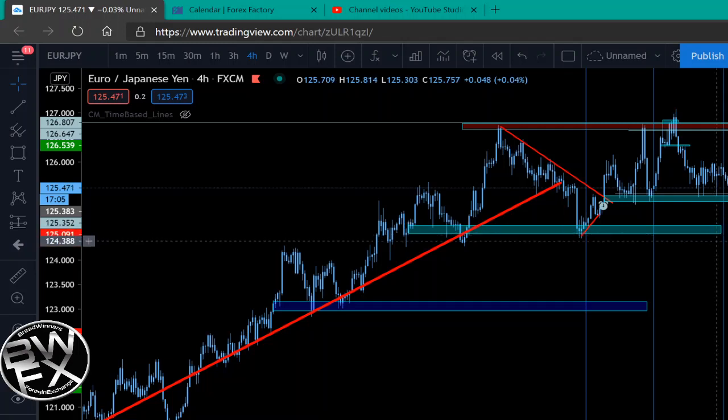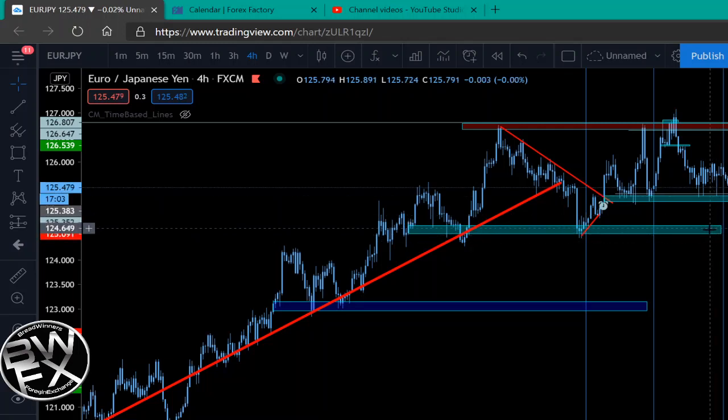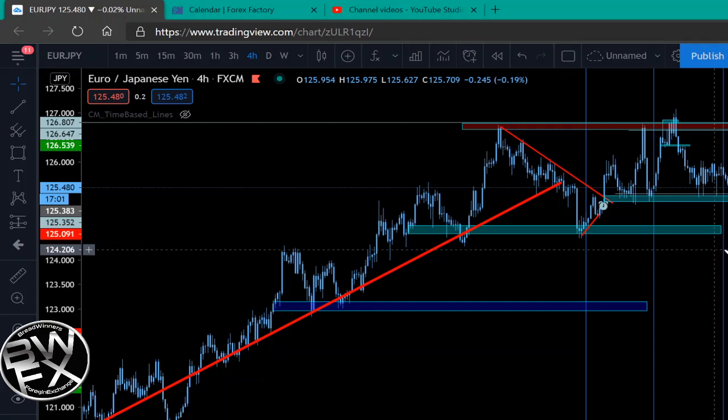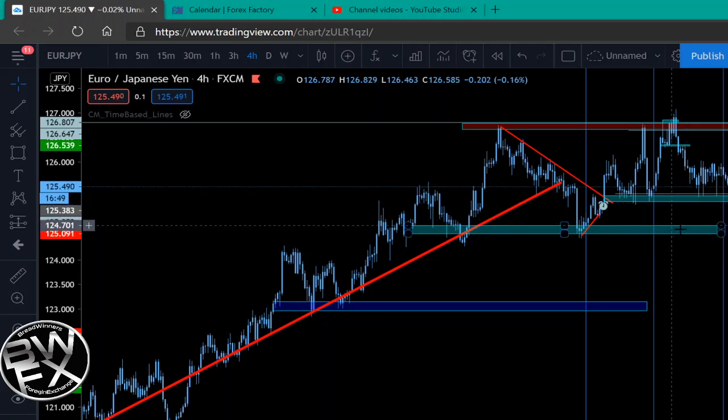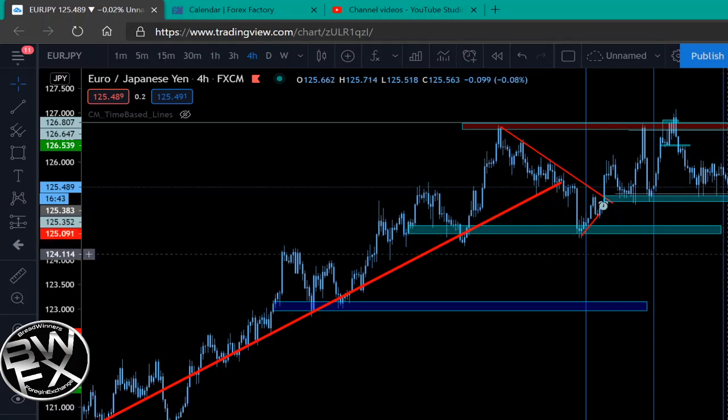If he does break this and this level, we'll wait on the break and a retest of it, and go with the trend down for a sell. But if he gives us rejection at this level here, especially, we look for buy opportunities. If he breaks through, we'll go with the structure. So we're gonna trade with it.